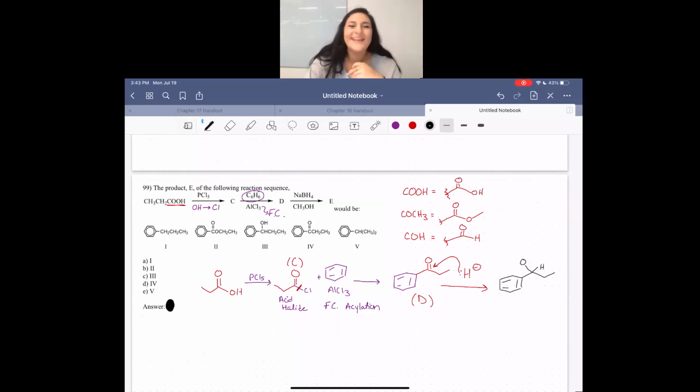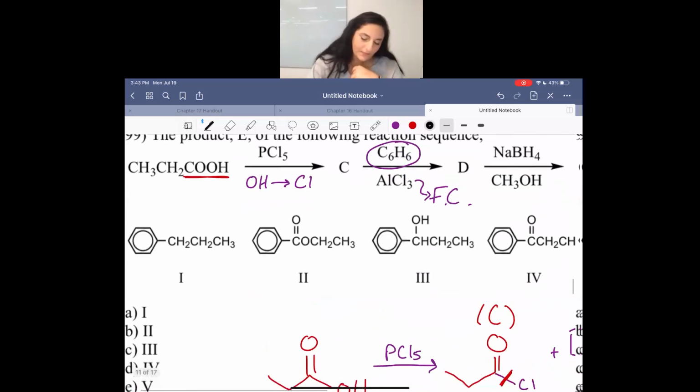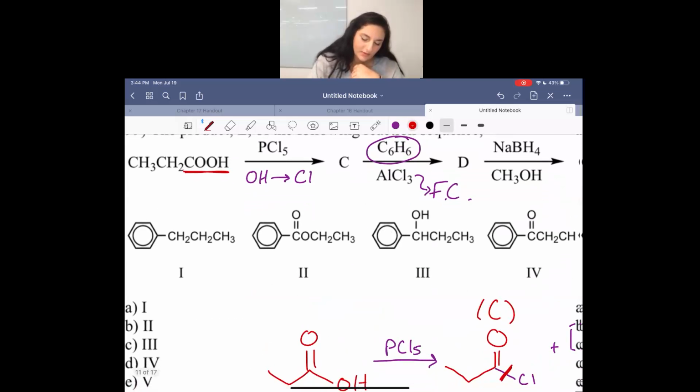Intramolecular something. Okay, so at this point, I think it's pretty safe to look at the answer choices for a second. No matter what we do at this point, we're not getting this, right? Because we can't get rid of a carbon-carbon bond. So this is automatically garbage.